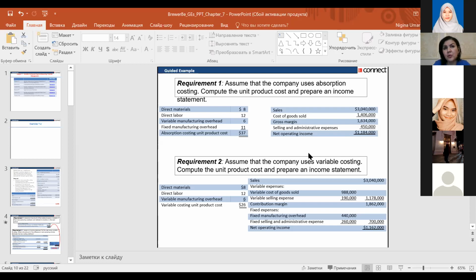Which one is more useful for managers? Rachma, what do you think? Fabrianti, Salma?